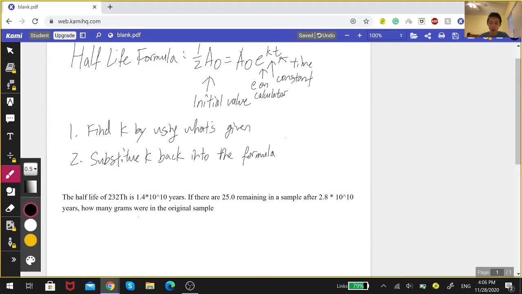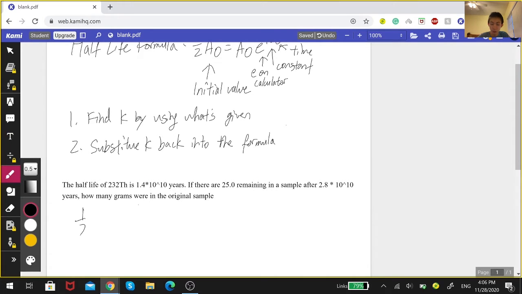So let's see. We have 1/2. We're looking for the original, so we'll use x here, equal to x times e to the kt. Actually, we could divide both sides by x, and the x wouldn't even exist over here.